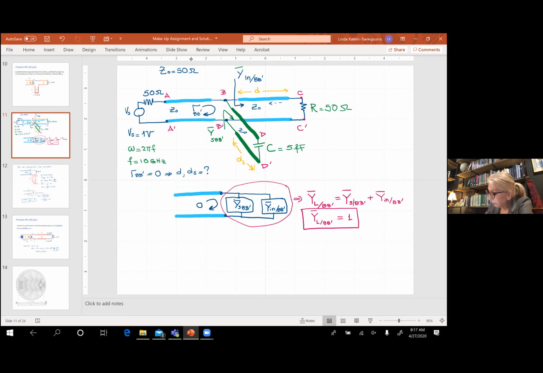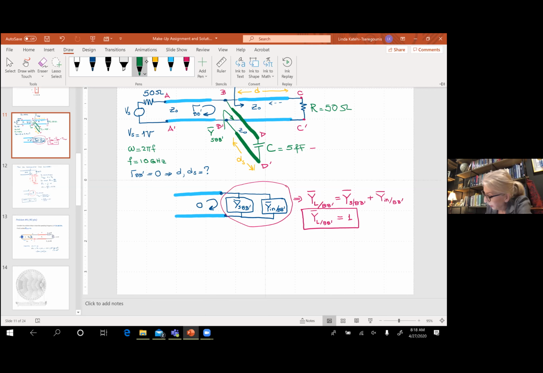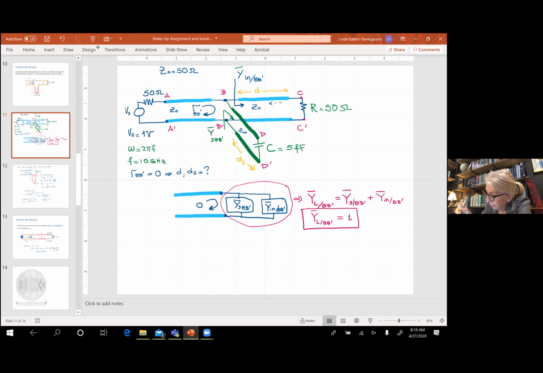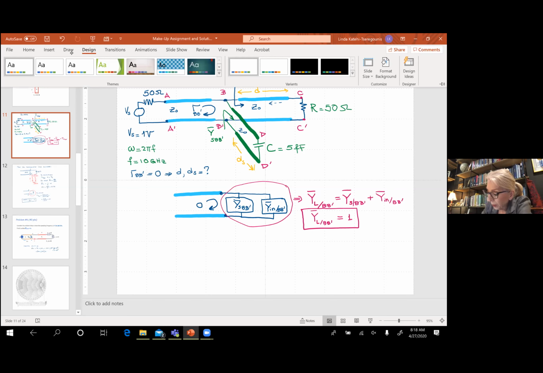Okay, now, instead of having a capacitance, and at the end, and of course you have the 50 ohm, but instead of having a capacitance, the load at DD prime here, which you need to remember to convert this capacitance into a load. You can do admittance or impedance load, and since we are going to be working with admittances, I will do an admittance load.